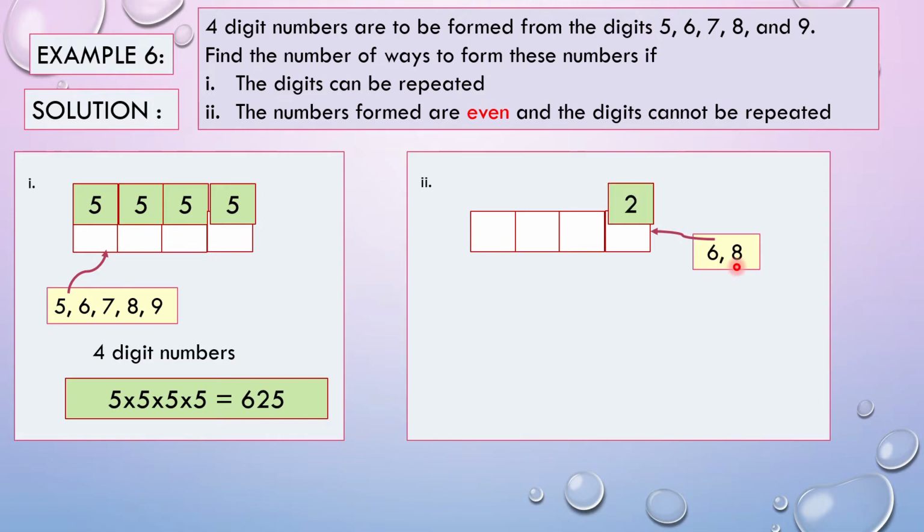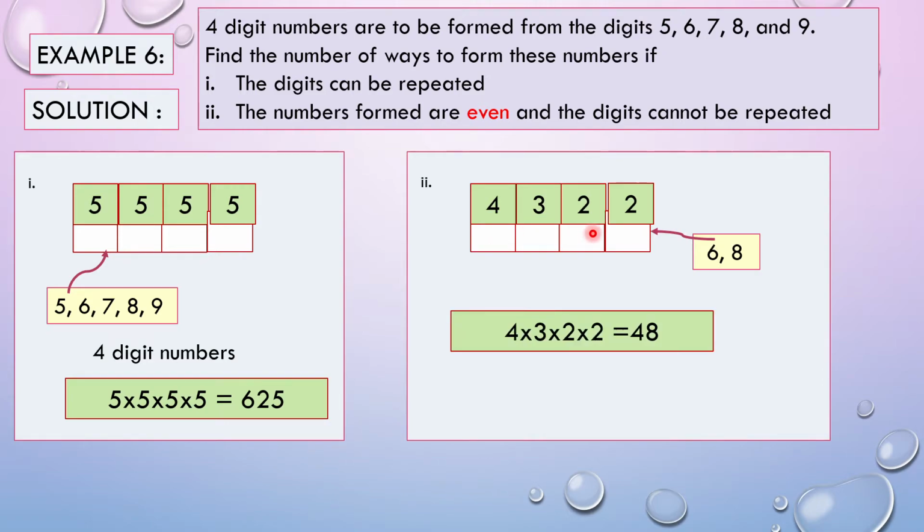That means we have 2 options here. For the rest of the boxes we don't have any condition to fulfill. So for the first box we have another 4 digits, then 3, then 2. So multiply all this, and the total arrangement will be 48.